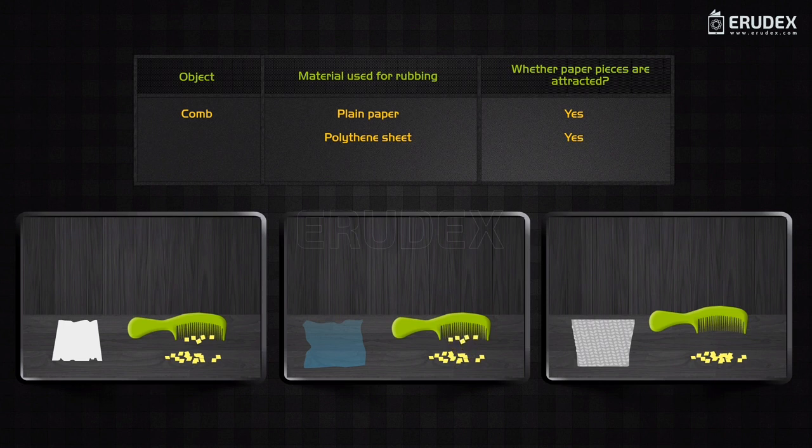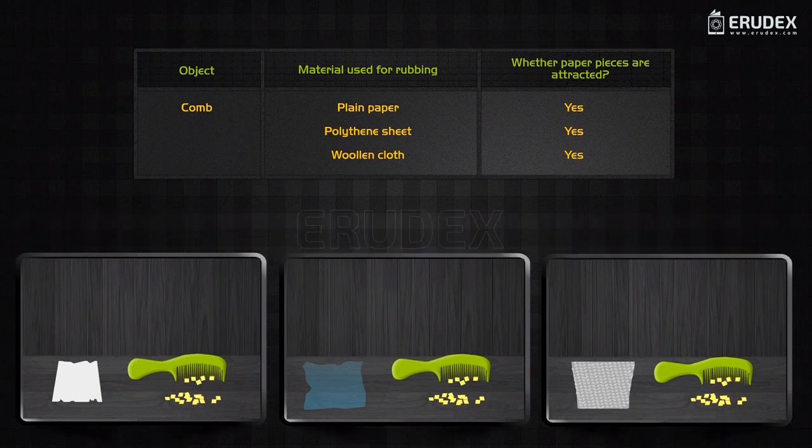It attracts the pieces of paper. The object is comb. Woolen cloth is the material used for rubbing. It attracts the pieces of paper.